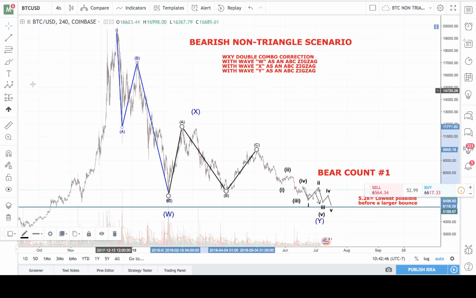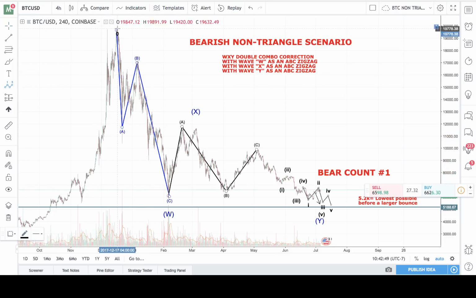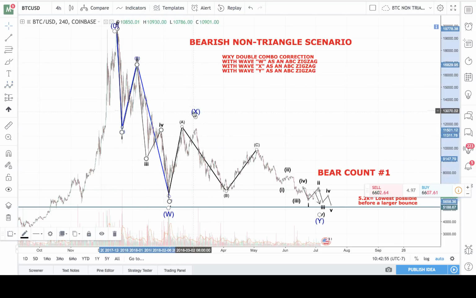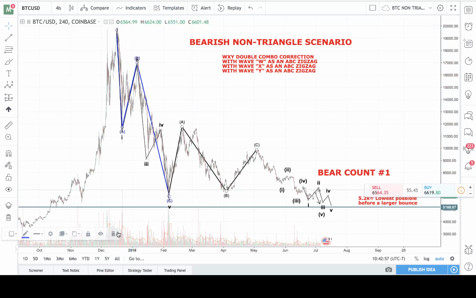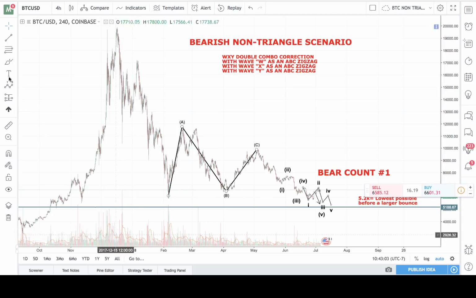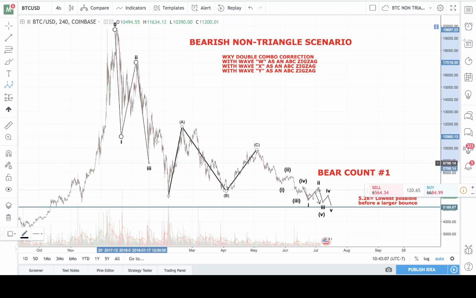Another one of the counts is something like a 1, 2, 3, 4, 5. Sorry, this would be our 1, 2, 3, 4, 5 A wave, and then we have this flat as a B, and this would be our C wave.